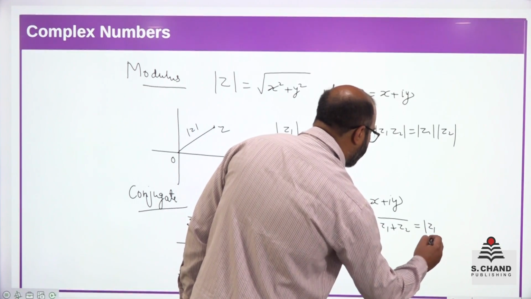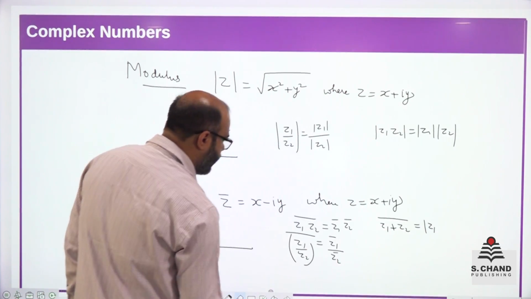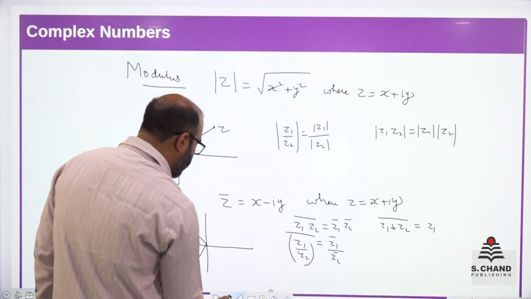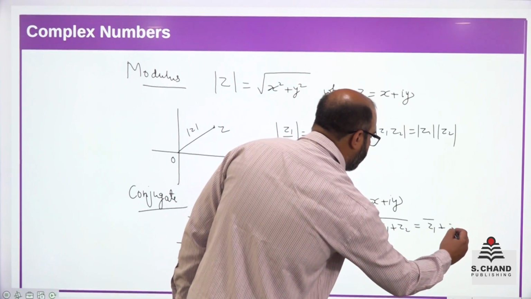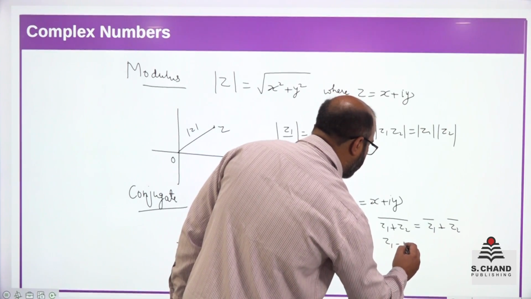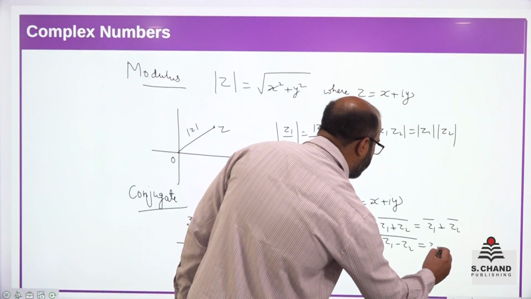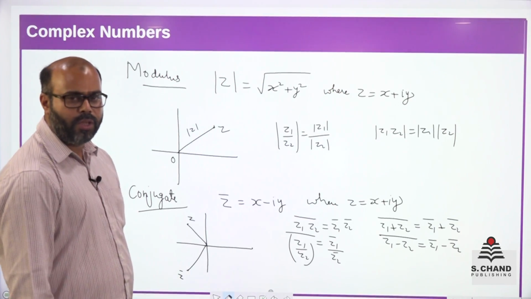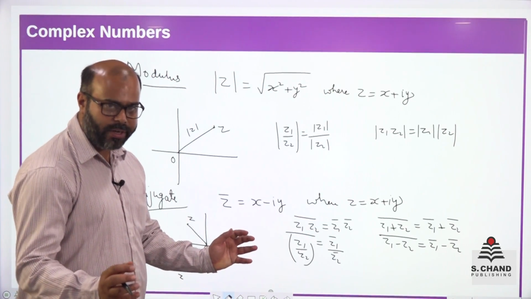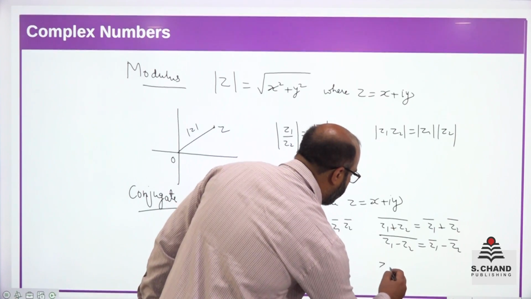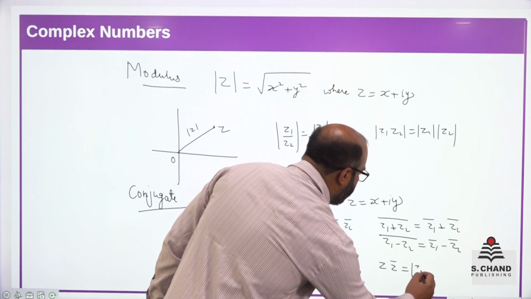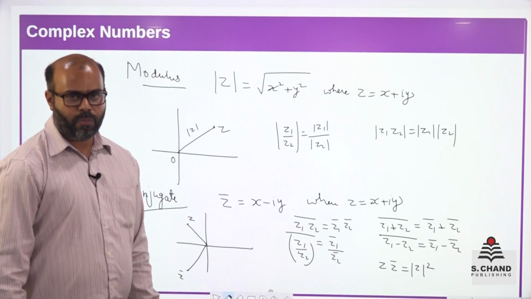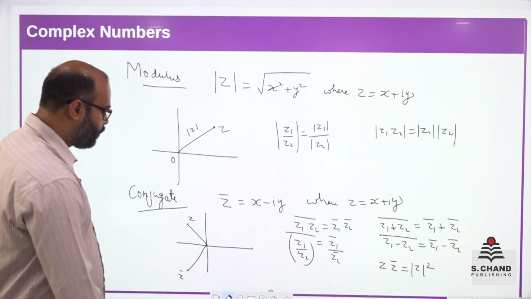So conjugate of z1 plus z2 is conjugate of z1 plus conjugate of z2, and similarly conjugate of z1 minus z2 is equal to conjugate of z1 minus conjugate of z2. One more important property of modulus and conjugate combined is z into z conjugate is mod of z square. So this is how we describe conjugate and its properties.